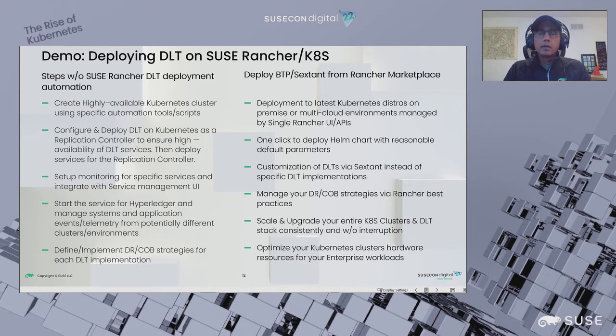So for Rancher, we've drilled it down to one-click deployments. When I say one-click deployments, it means clicking on a function in Rancher and then entering a few fields, with some options in terms of configuration for your cluster.